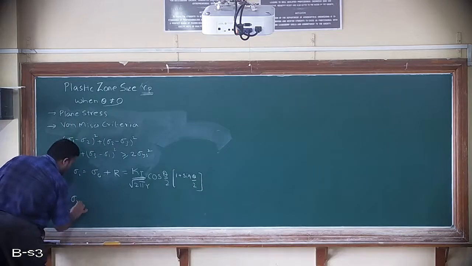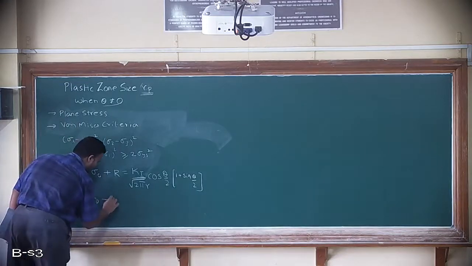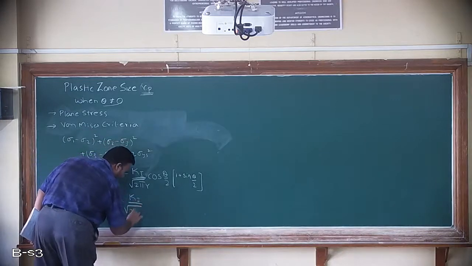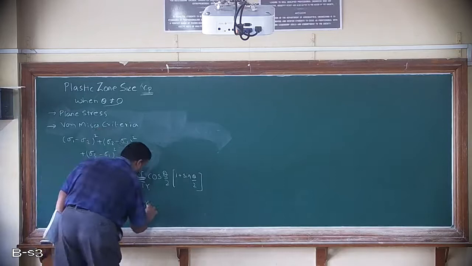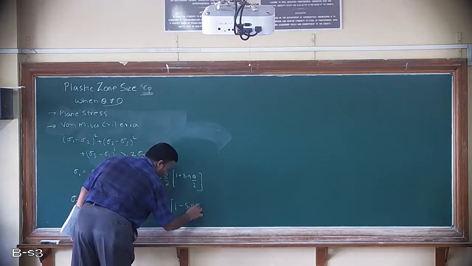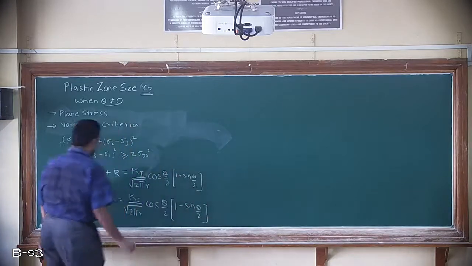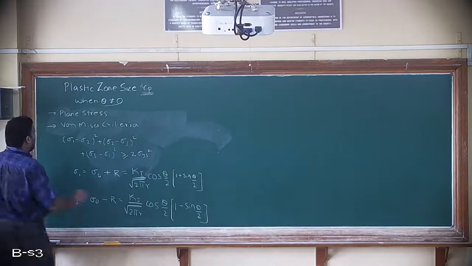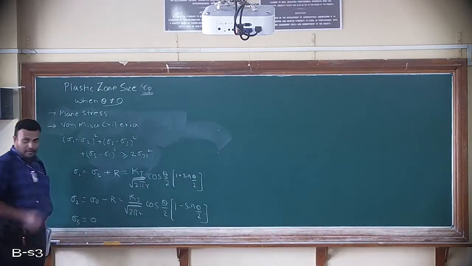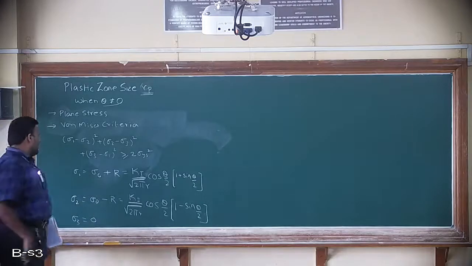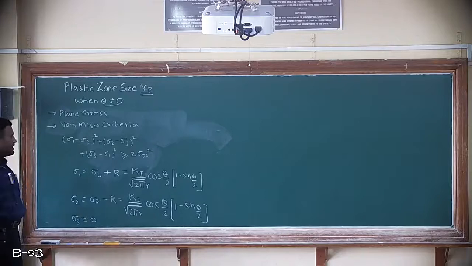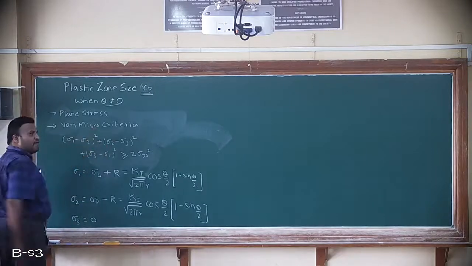Similarly, sigma 2, which is sigma 0 minus r, is given by K_I upon root of 2 pi r into cos theta by 2 into (1 minus sin theta by 2). And for the plane stress condition, sigma 3 will be equal to 0. Clear? Now we shall take each combination using sigma 1, sigma 2 and sigma 3, and determine the final equation.